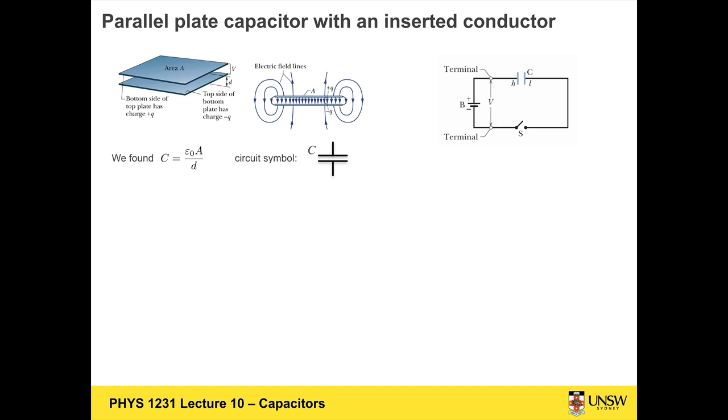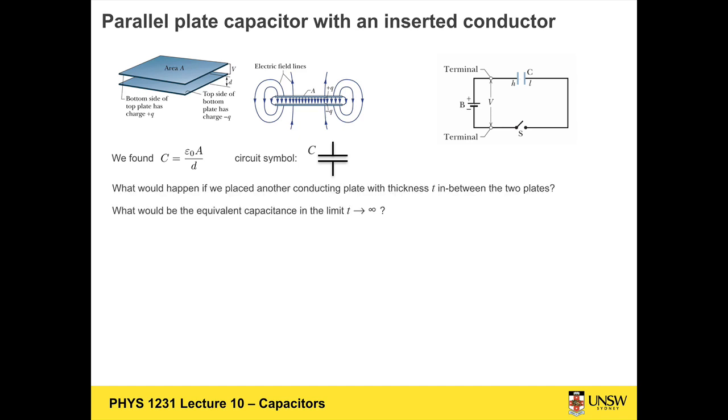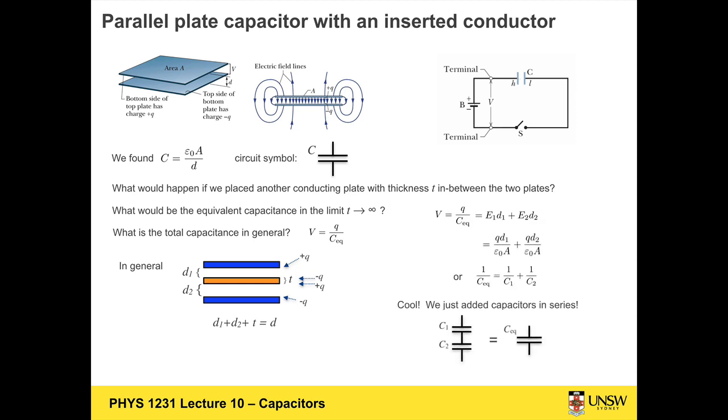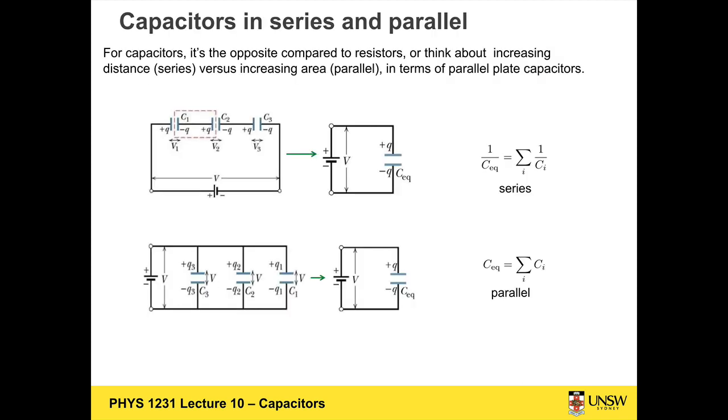Okay. There's also, if you go back to your 1B notes, an example where we start with a parallel plate capacitor and we put in another conductor and calculate the capacitance in detail. And in the end we find we just added capacitors in series. And so you can see how this works. And then in 1B we learned that we add capacitors in series and parallel, in contrast to, for example, adding resistances.